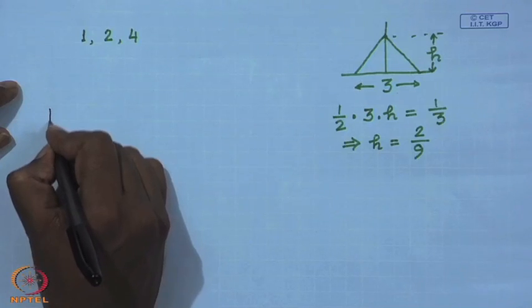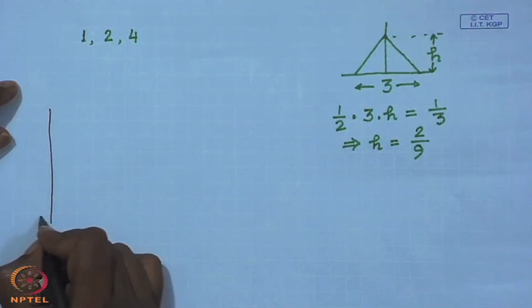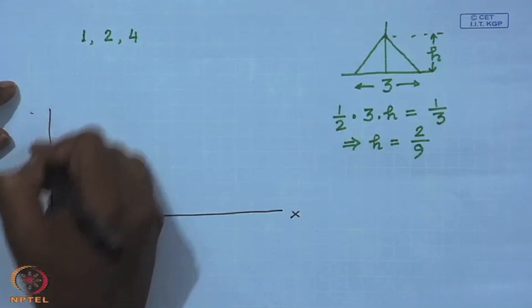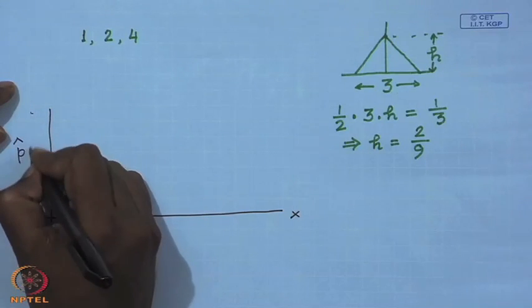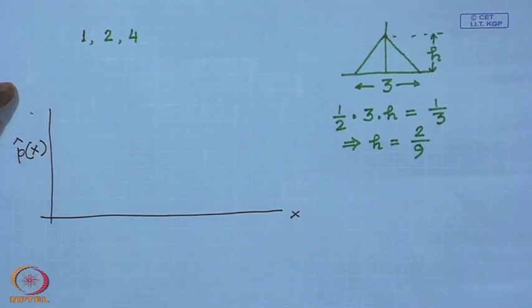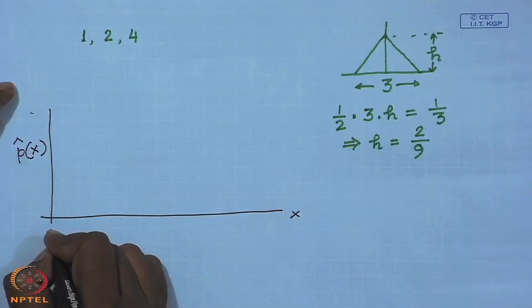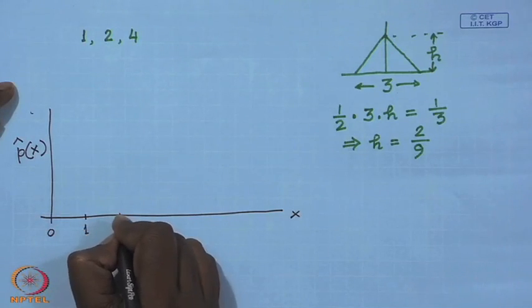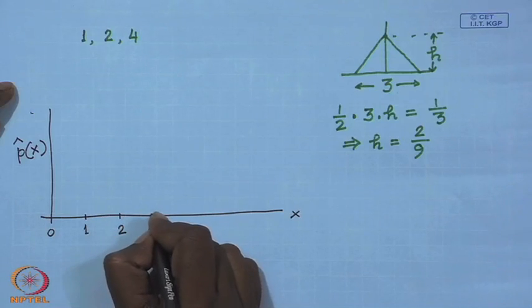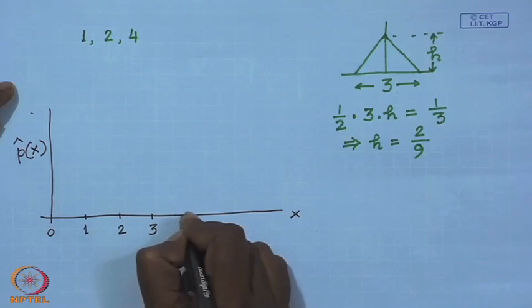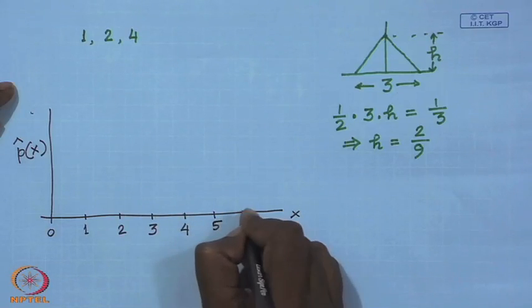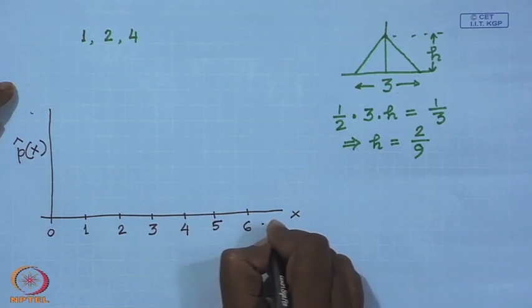So, again I put it the same way. This is x, this is the estimated probability density, which is p hat of x. This is x equal to 0, 1, 2, 3, 4, 5, 6 and so on.